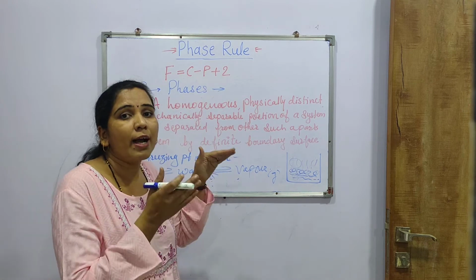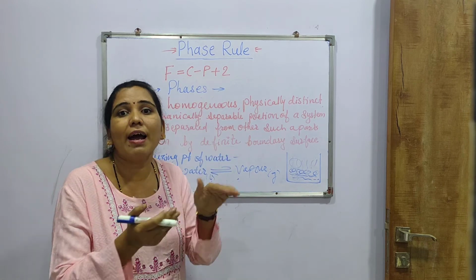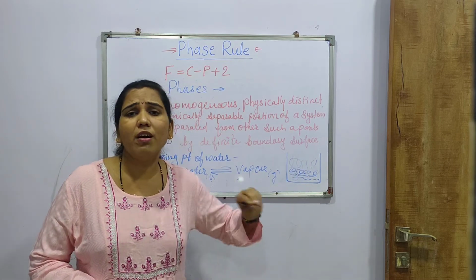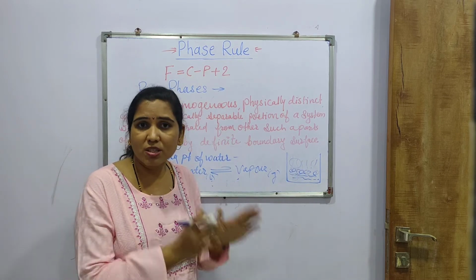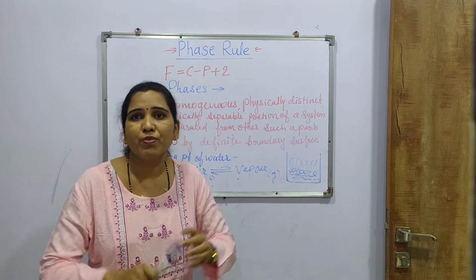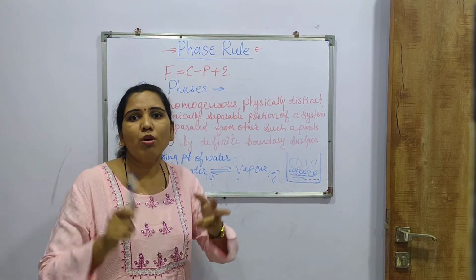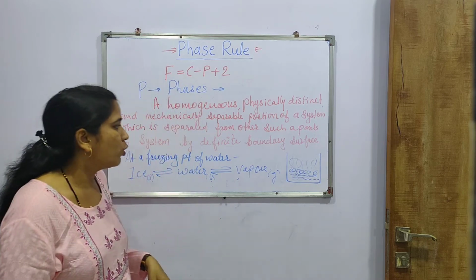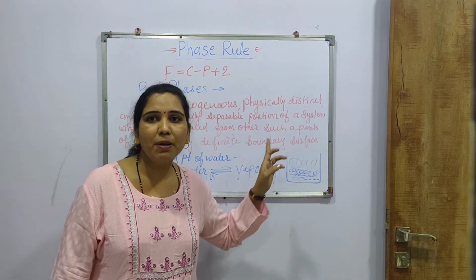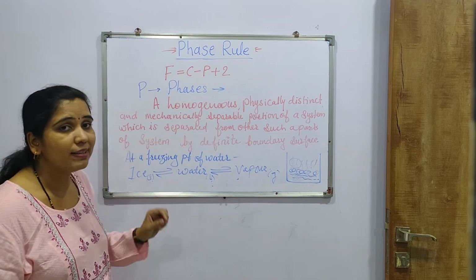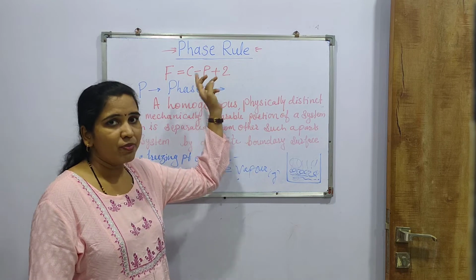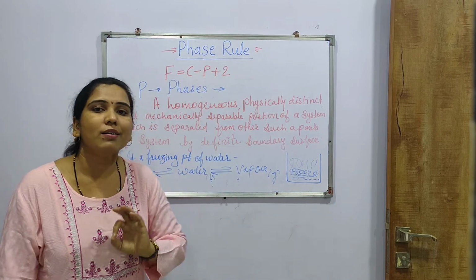These phases depend on temperature, pressure and concentration. All three have the same composition, that is H2O. Solid is H2O, liquid is H2O and water vapor is also H2O. So they have a similar composition, that is, the same component for this C. So it is a single component, but there are three different phases.